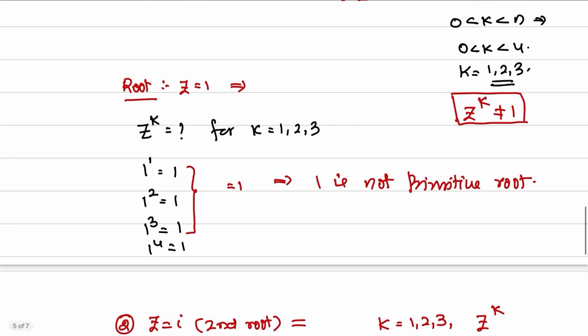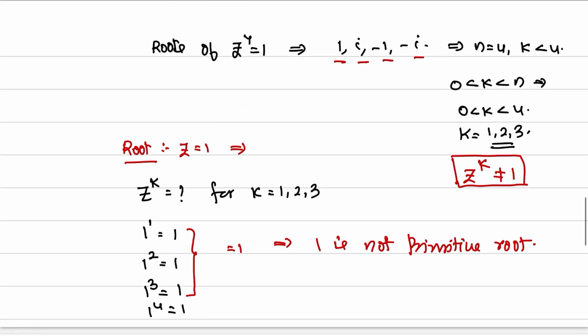Now, third case let us see. What is the third case? What is that third root? Third root is minus 1.